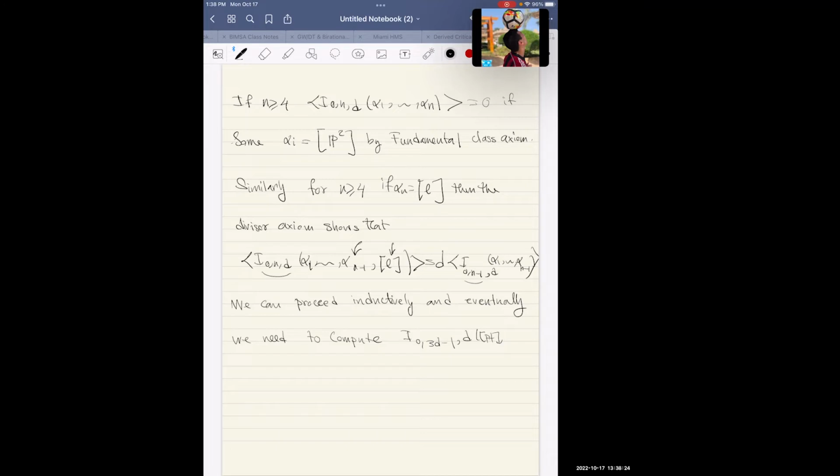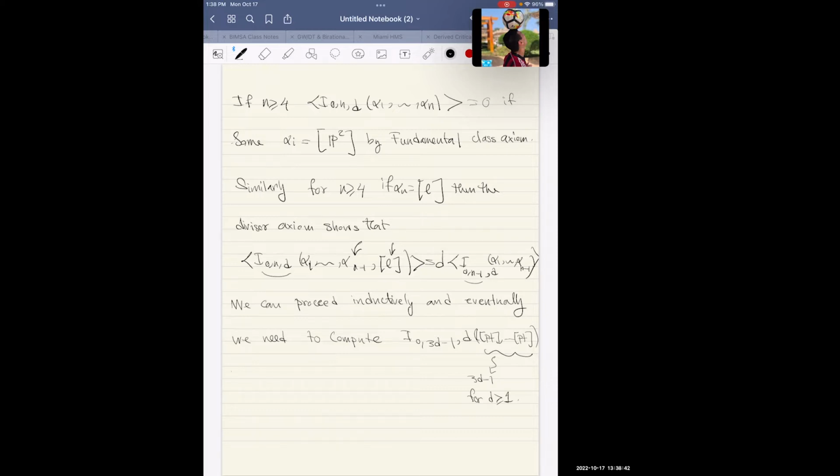There is a restriction on the number of classes that you see, and the degree axiom tells you there should be 3d minus 1 of these things for d bigger than or equal to 1. You keep going like that.